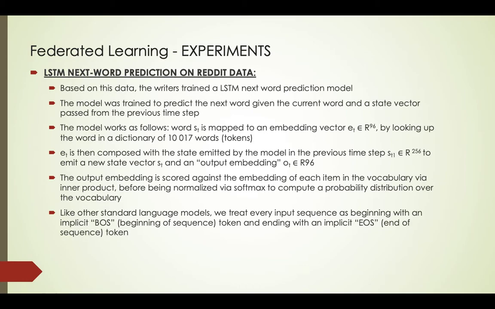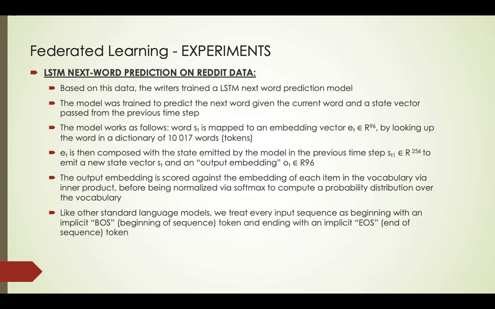ET is then composed with the state emitted by the model in the previous time step, ST-1, which is part of R256, to emit a new state vector ST and an output embedding OT, which is part of R96.